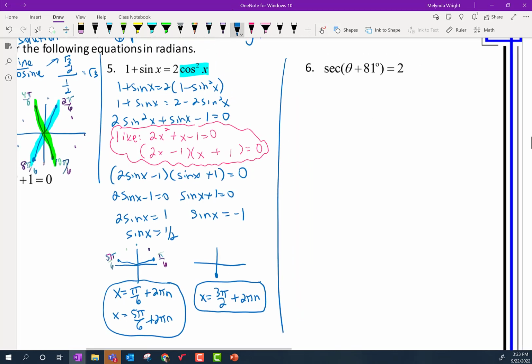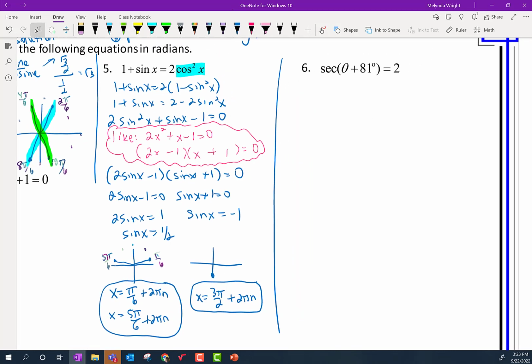Okay, we're going to ignore the argument. We're going to figure out where secant is equal to 2. We want to know that. I don't have secant values memorized, but I sure have cosine values memorized. This would be when cosine is 1/2.